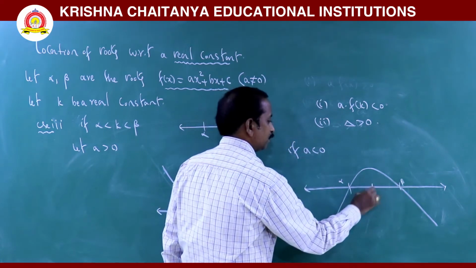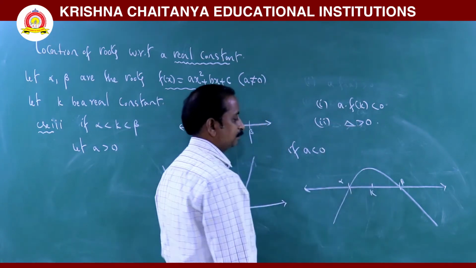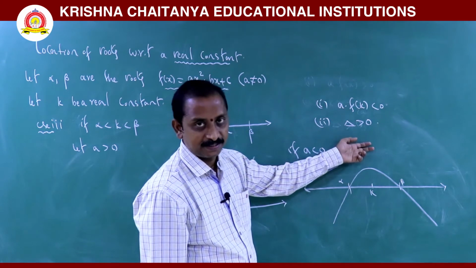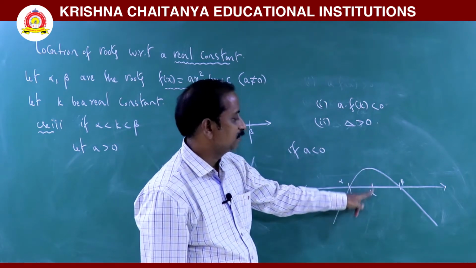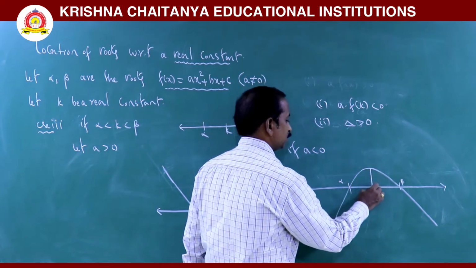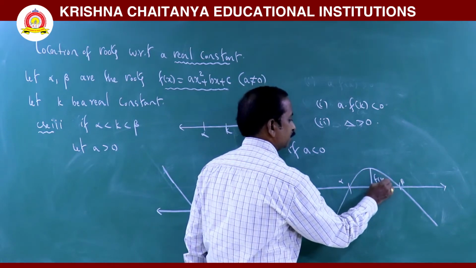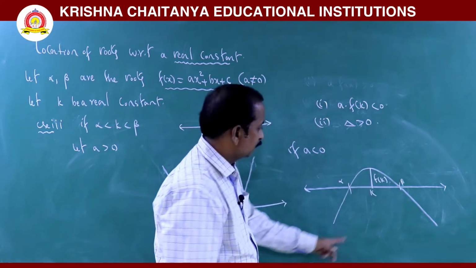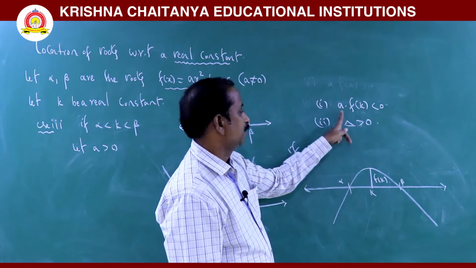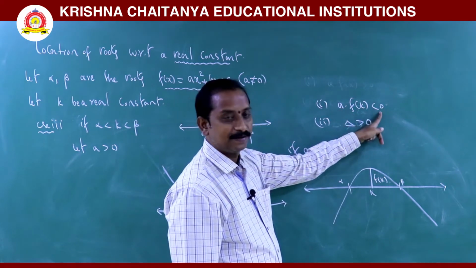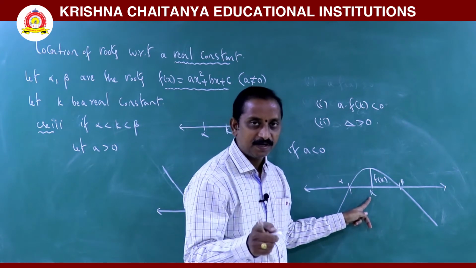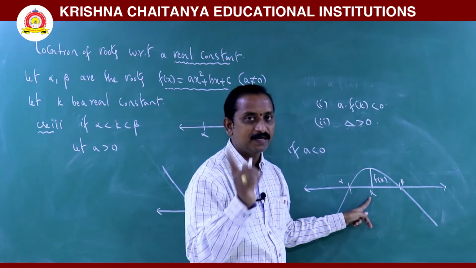Now the real constant is k. At the point k, the graph is above the x-axis. So its image is positive. So this is k, and this is f of k. Now observe, a negative, f of k positive, negative into positive is negative. K lies between alpha and beta, there is only one chance if alpha and beta are distinct.